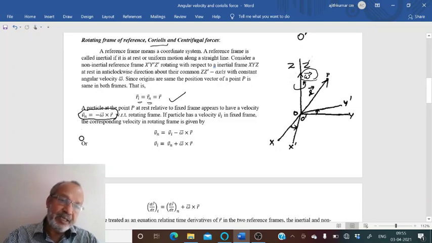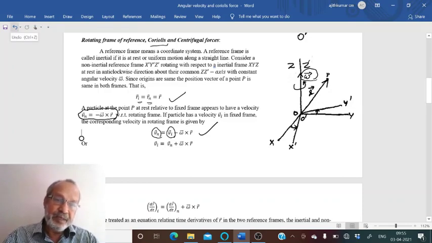But if the particle is already having some velocity vi in inertial frame, then the velocity according to non-inertial frame will be vi minus omega cross r, and we can take this omega cross r to the left hand side and write vi is equal to vn plus omega cross r.